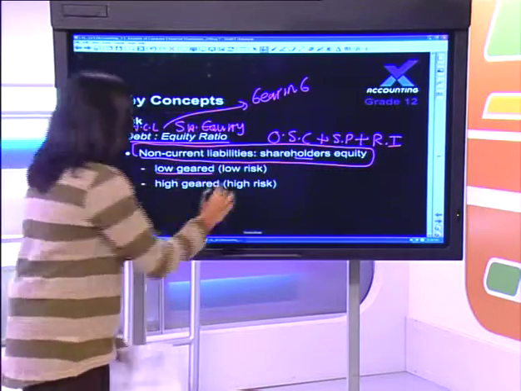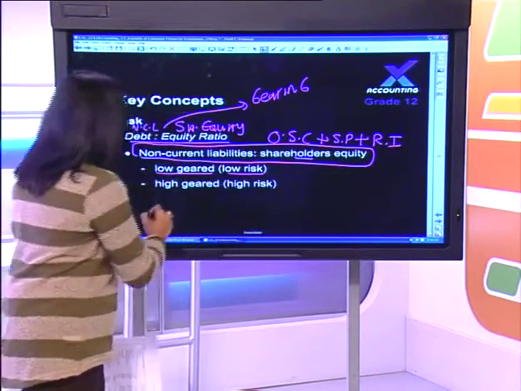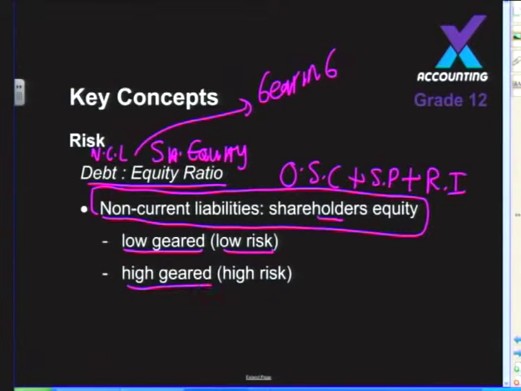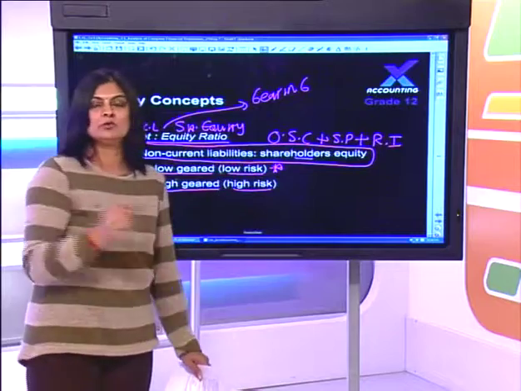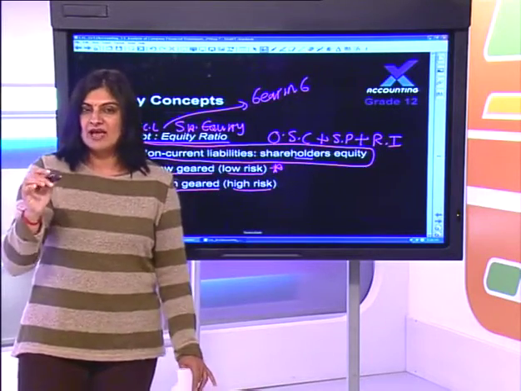Low geared means low risk. Or is the business high geared? High geared would be high risk. Now remember, a company would strive to be low risk at all times. Yes, there are certain exceptions, but that's what a company would strive to be. You would rather have your own capital instead of borrowing capital, because you have to pay interest.